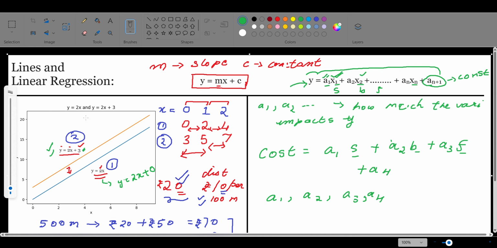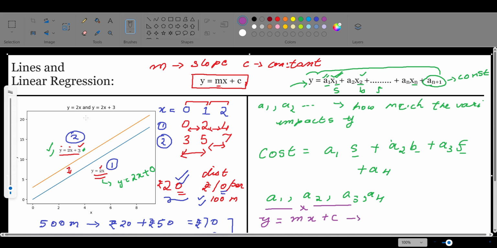One last thing that I wanted to tell you about is that in the next video, we are not going to talk about multiple variables. We're just going to take a simple equation, which is y is equal to, you could say mx plus c or a1x plus a2, either way is fine, mx plus c.